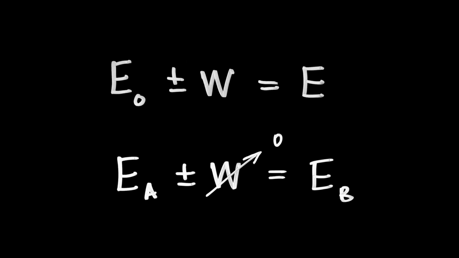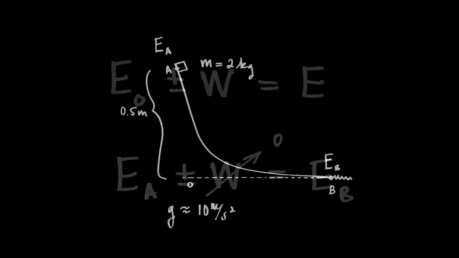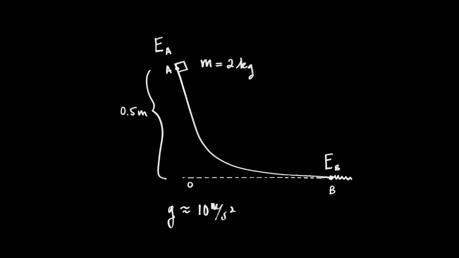The law of conservation of energy is going to make it easy for me to do that, because the energy that the object has at A, plus or minus any non-conservative work that is done, must be equal to the energy that it has at B. And examine the behavior between A and B. This block slides down a frictionless ramp on its way to B. There is no work done by friction, because there is no friction.